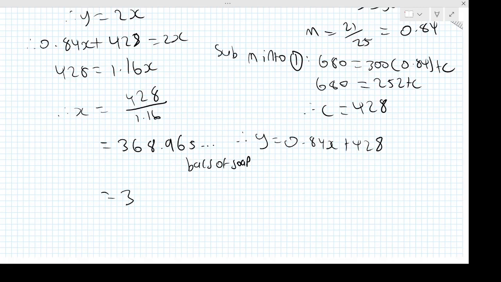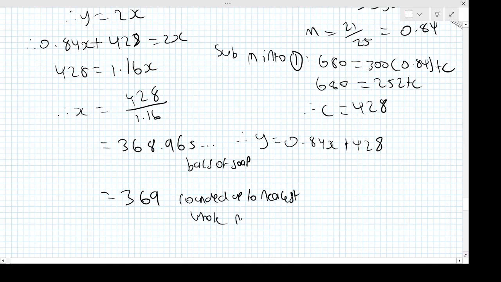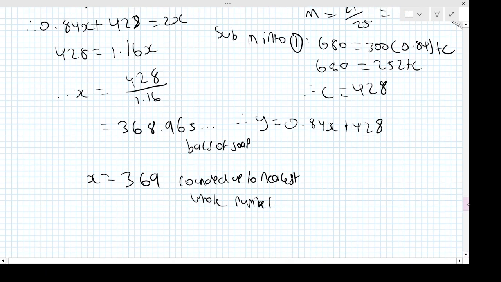So that's going to be 369, rounded up to the nearest integer, or whole number, depending on how you write it. Okay, so that's 369 bars of soap, which should be X. So there's our answer then, and that's really it, that's the question done.